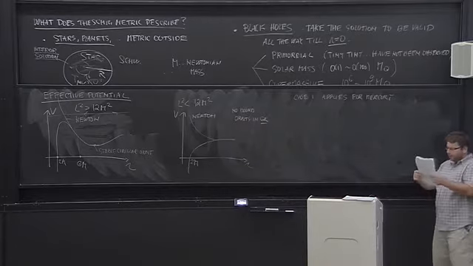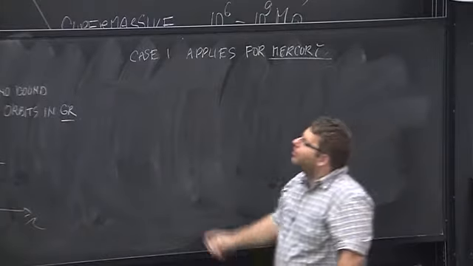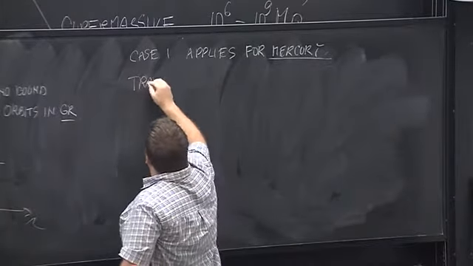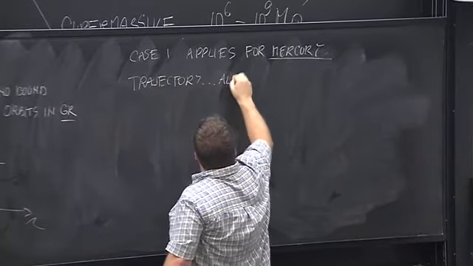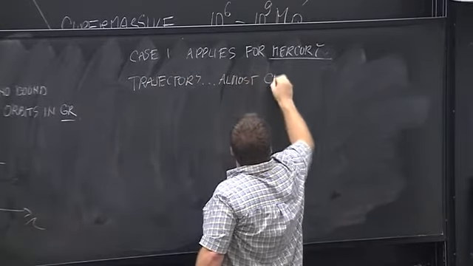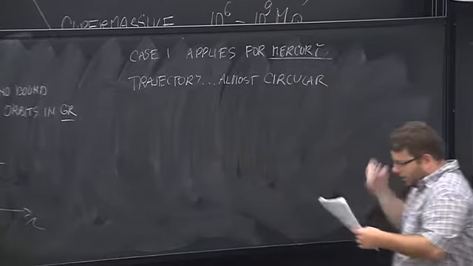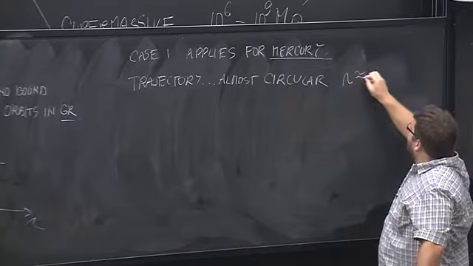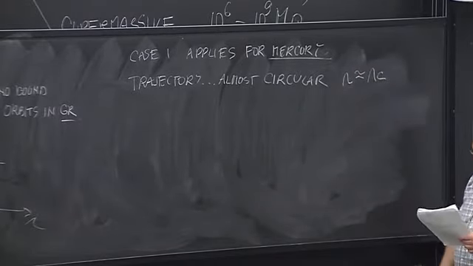All I have to write. So if we have Mercury, and we know that the trajectory is almost circular, I'll write the circular trajectory as RC.